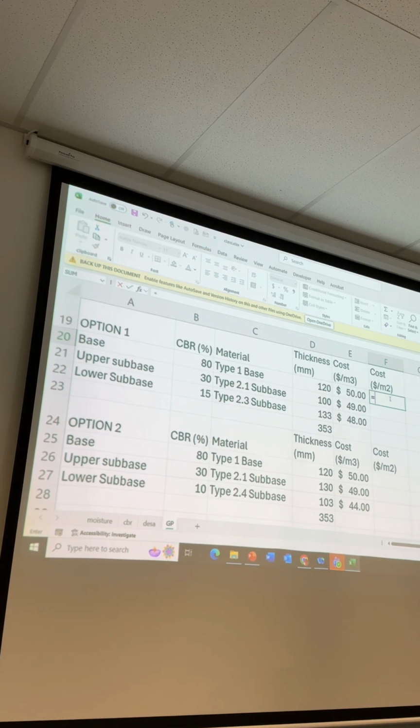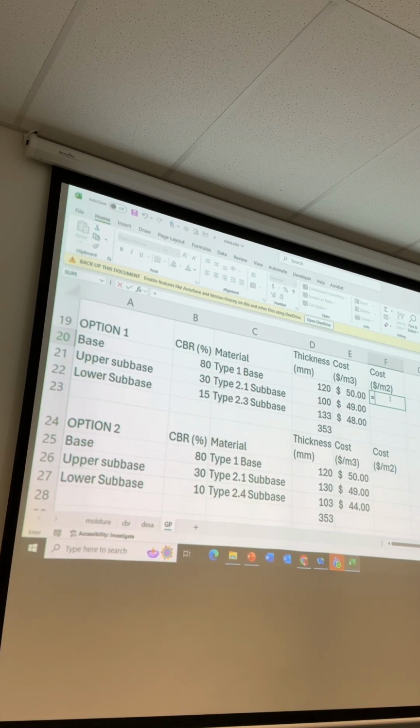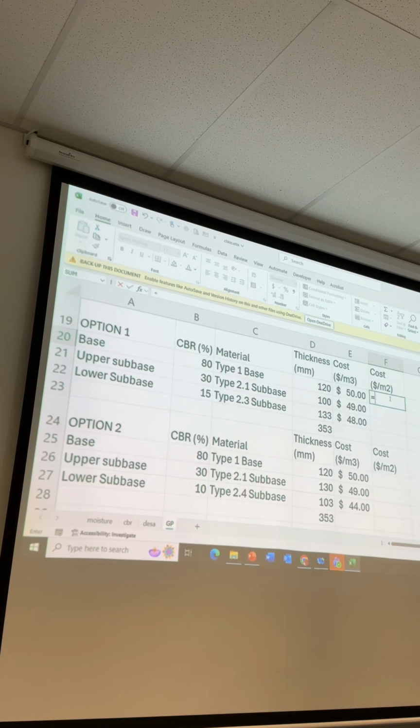So this is 1 cubic meter, right? And I know that the cost per cubic meter is $50. I want to know how much is this cost per square meter. So if I know this thickness, I will know the cost per square meter, right? So what do I need to do?